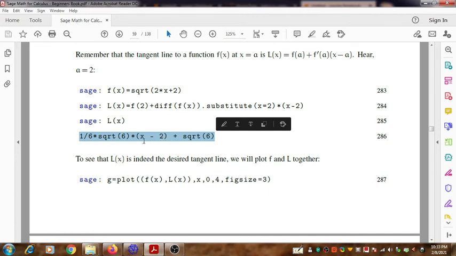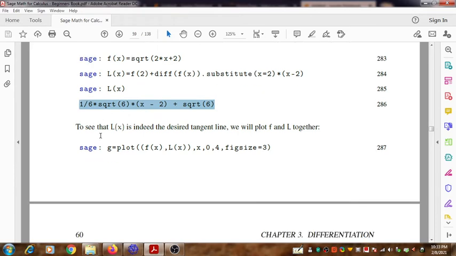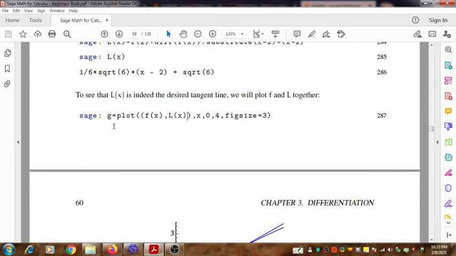After that, we want to plot the curves of the given function f(x) and L, the tangential line, together, and for that you can use a different type of plotting method. See, g equal to plot: we are going to draw the graph and store it in the variable g.